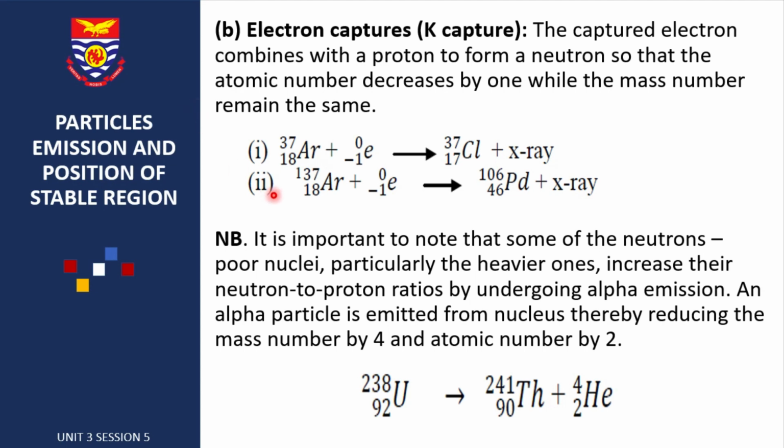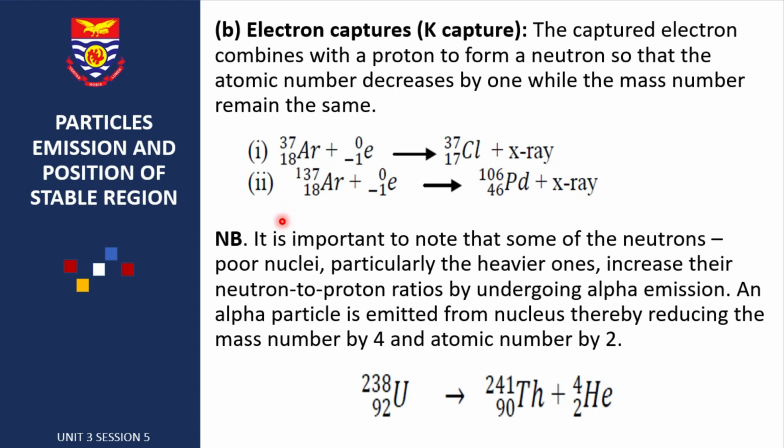An example is argon with atomic number of 18, which can capture an electron that will combine with one of its protons to form a neutron, and so the resulting nuclei that is formed, which is chlorine, will have a reduced atomic number of 17.